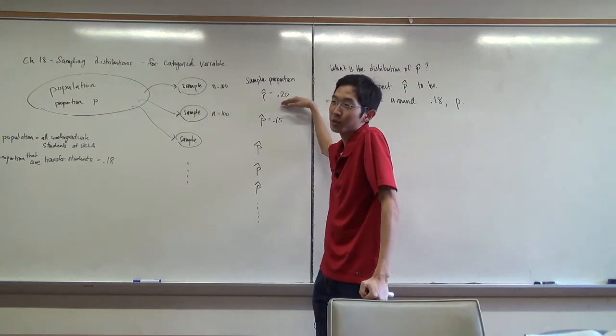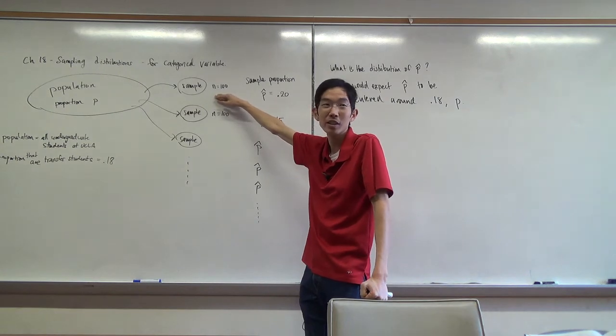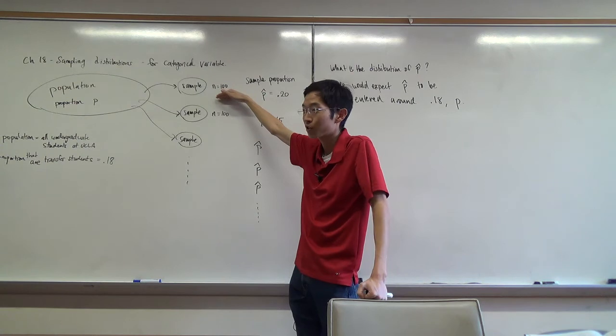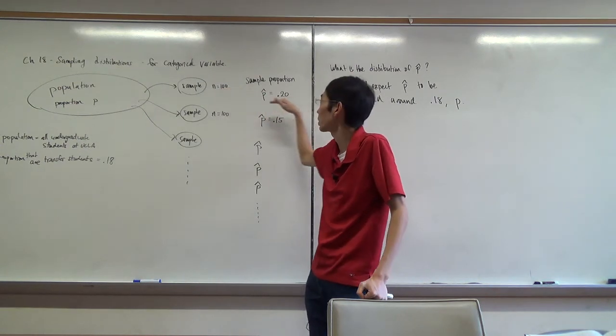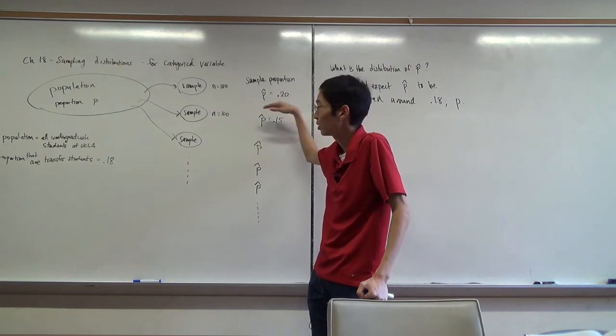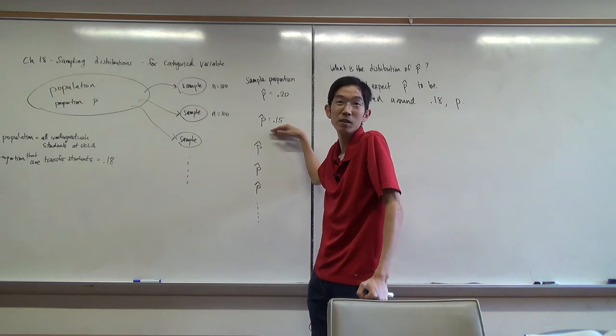And how do you get a proportion? You just take the count and divide by n. So instead of saying I got a sample with 18 transfer students, I'm doing 18 divided by 100, or 20 divided by 100 and getting 0.20, or 15 divided by 100 and getting 0.15. Is that okay?